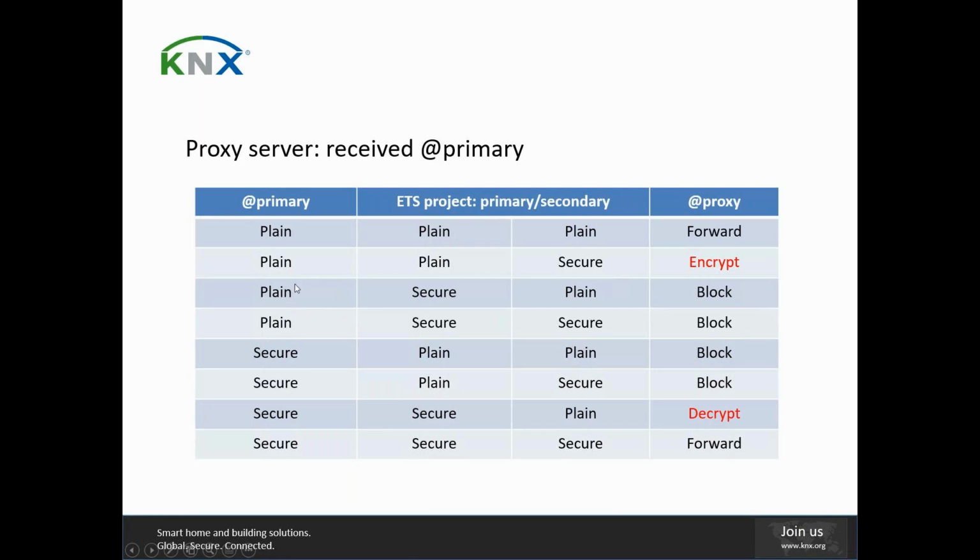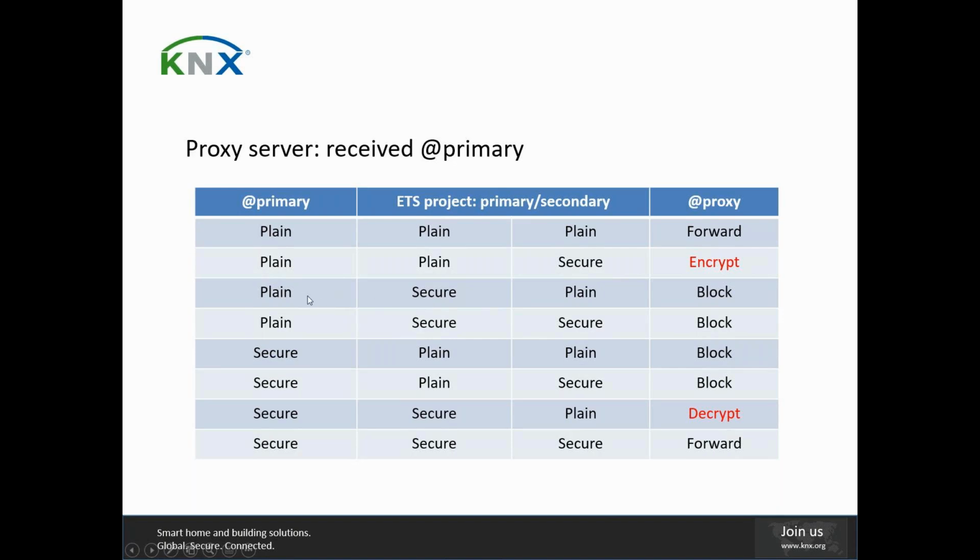Because if the received telegram is plain, but the ETS user has actually defined that, at the primary side of this proxy server, the telegrams for that group address are supposed to be secure, well, then obviously we have a problem.